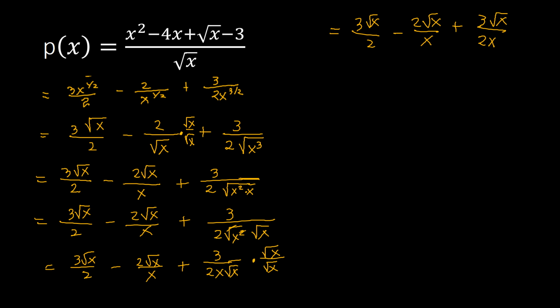But we have here square root of x times square root of x, that will be square root of x squared or simply an x. So we multiply this with an x. This one is with 3 square root of x over 2 minus 2 square root of x over x plus 3 square root of x over 2x squared. That will be our final answer.